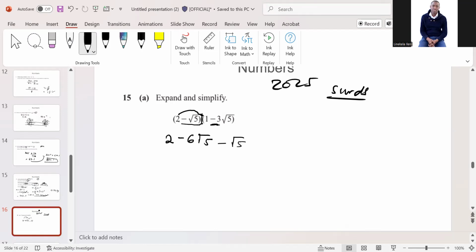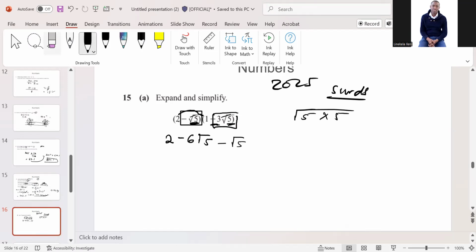Here I'm multiplying negative square root of 5 with negative 3 square root of 5. Now here, if you are multiplying roots, the numbers just multiply inside, like the 5 times 5. But if the root is the same, the root will just cancel and the number will stay.